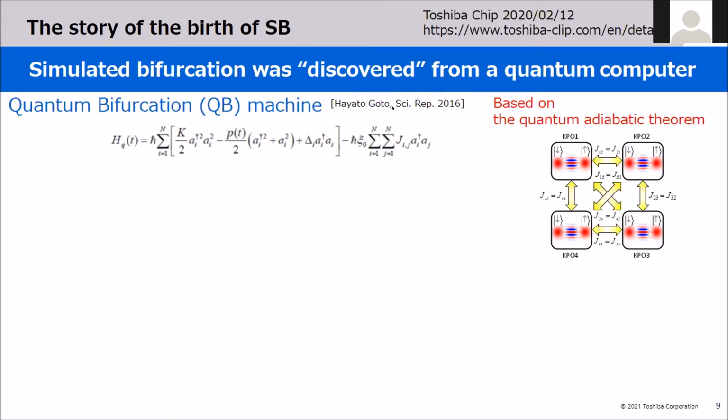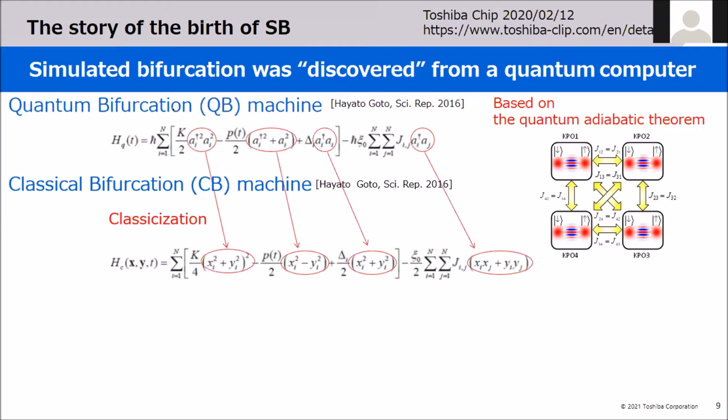The story of the birth of SB would be interesting for you, I think. My colleague, Dr. Hayato Goto, is a quantum computing scientist and has been studying the quantum computer for over 20 years. Quantum bifurcation, QB machine, by him is a quantum optimization method based on the quantum adiabatic theorem, which works only in the quantum world. When he presented the QB machine, he also presented a classical version called classical bifurcation machine, CB machine, just to clarify the advantage of quantum effect by comparing the QB and CB machines.